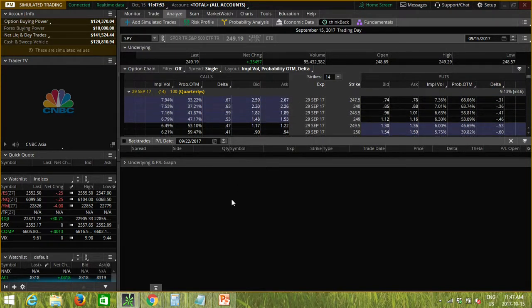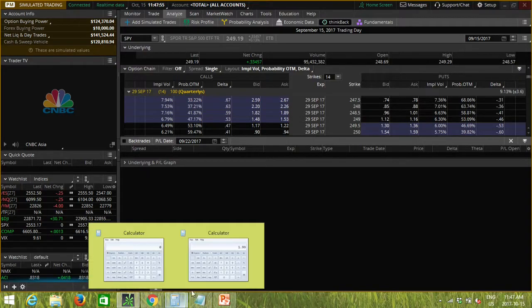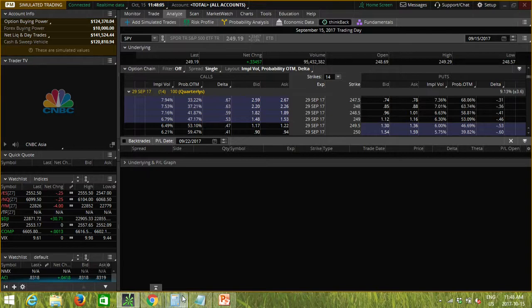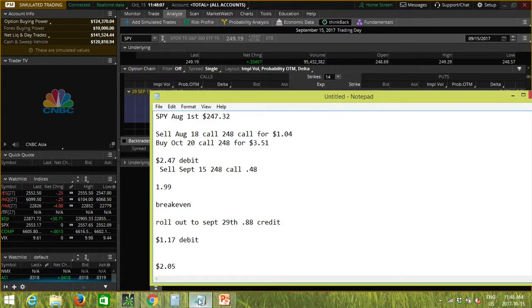So 2.20. 2.20 minus the 1.32, okay, so 88 cents. All right, so we can further reduce this debit if we roll it out here. My math is a little wrong, so it's actually $1.11 debit on this if we roll this one out.